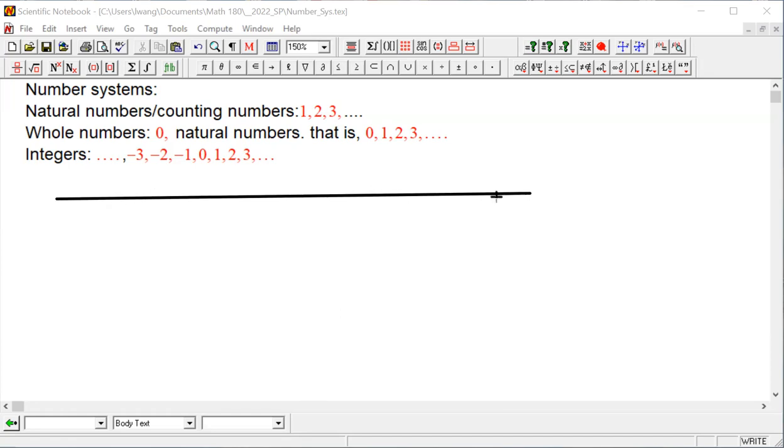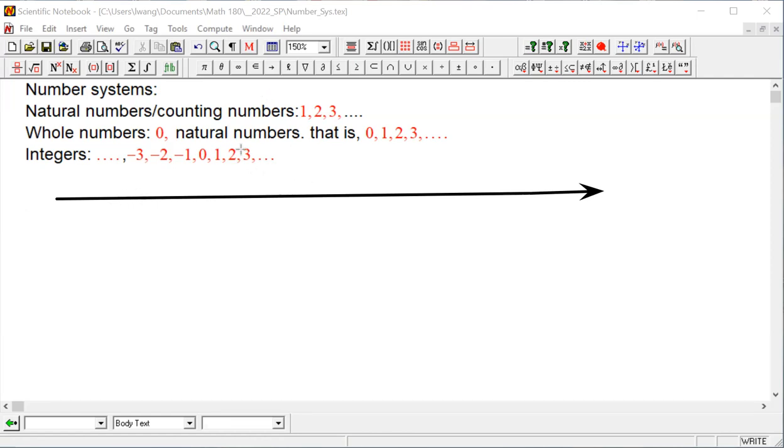Okay, so this is the number line. And suppose I have a direction. This points to the positive direction. You do not need another arrow on the other side. Okay, I know some people draw that, but it's not really necessary.